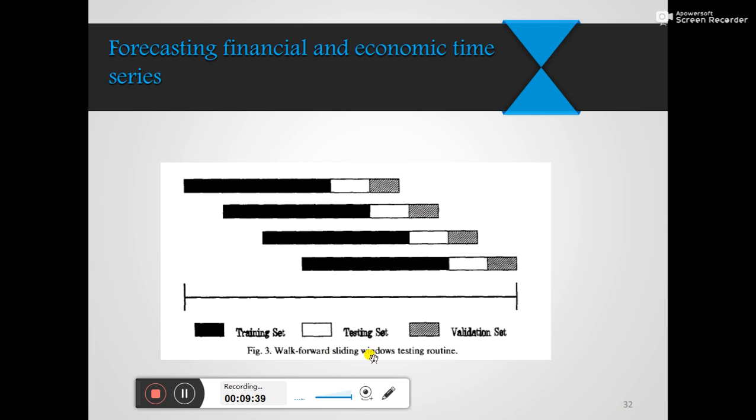That is why it is called a sliding window testing routine: your window of the data will change in the next forward step, next loop, or next iteration, with the next set of data. In that way your window of training set, testing set and validation set will be the same, but the proportion should be the same within its window.